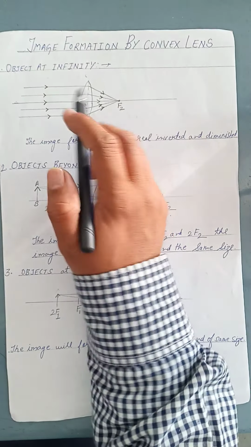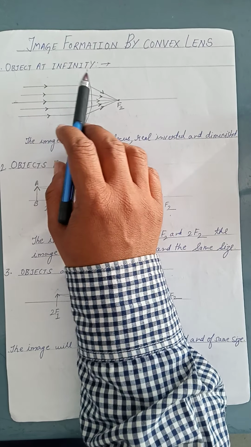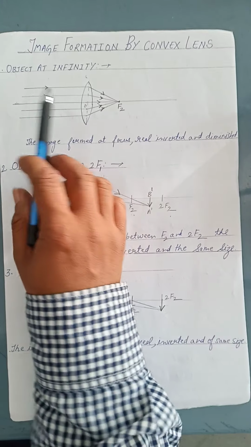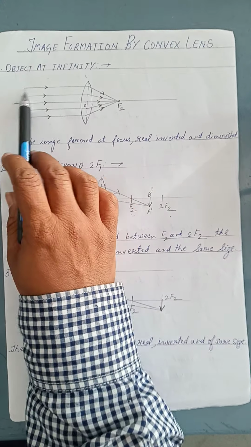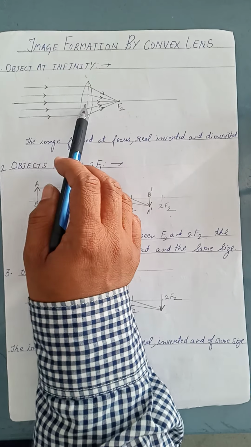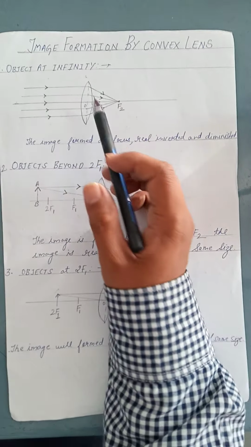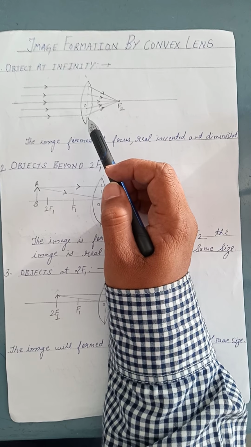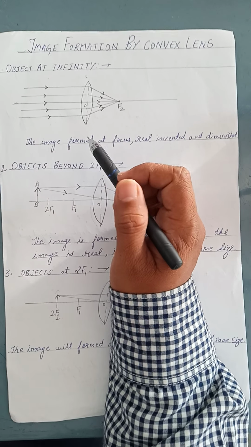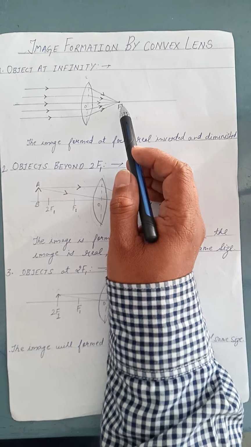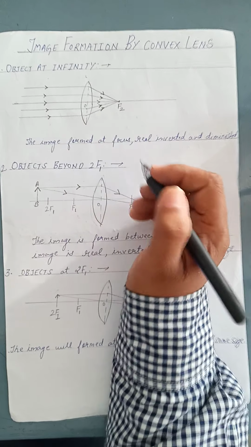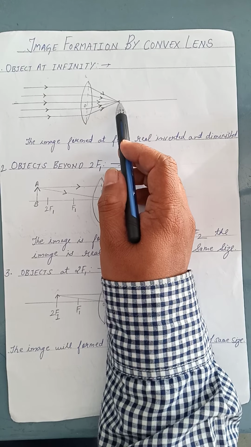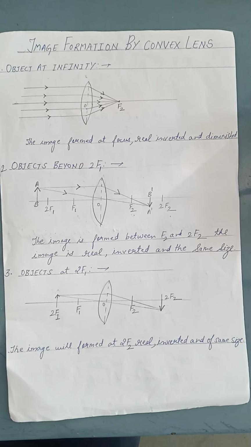First we are studying the object at infinity. We don't know where the object is, the object is at infinity, so the light rays are coming from infinity. After touching the lens they will undergo refraction, and these light rays will meet at the point f2. Now you can see a very point size image you are getting, it means it is a highly diminished image.